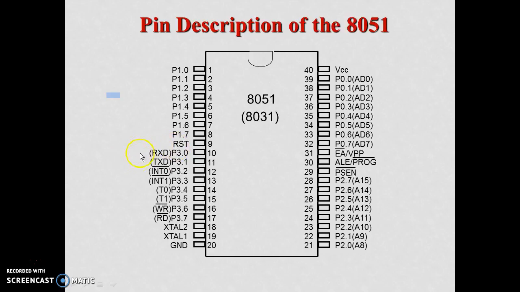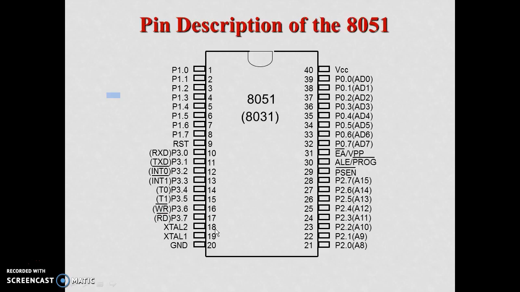The receive pins are here. These are the pins for interrupt purposes. Similarly, these read bar signals are for memory related pins. Pins number 18, 19 are used for connecting the crystal.